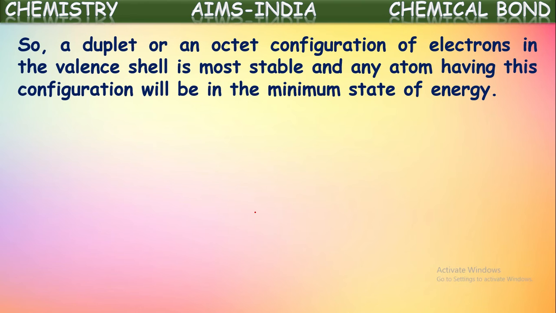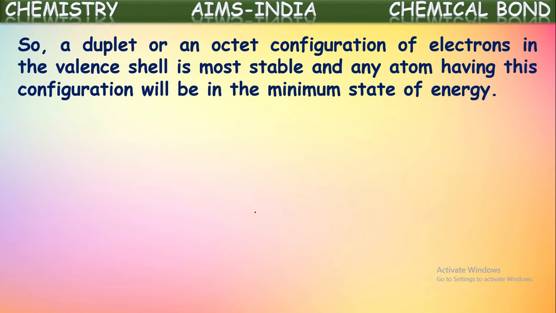So a duplet or an octet configuration of electrons in the valence shell is most stable, and any atom having this configuration will be in the minimum state of energy or maximum state of stability. We can understand one thing here: energy and stability are quite opposite.